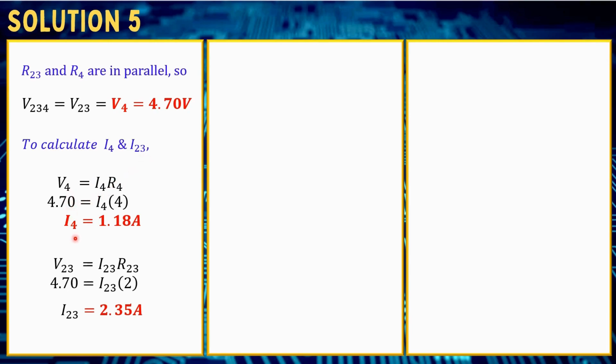I4 is equal to 1.18 ampere, and we can get I23, which is equal to 2.35 ampere. We also can calculate I23 by using this equation because R23 and R4 are in parallel.